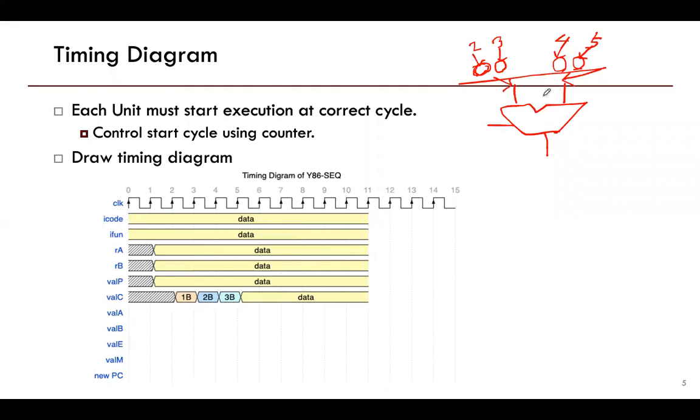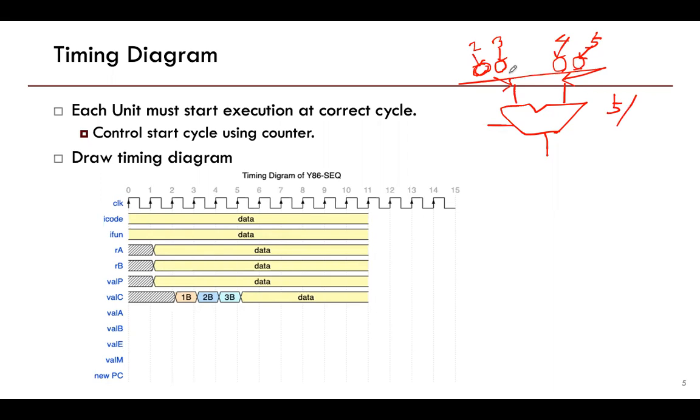Then when can this ALU start its execution, which cycle? Since we want to make this timing simple, to be conservative, this ALU should wait until cycle 5.